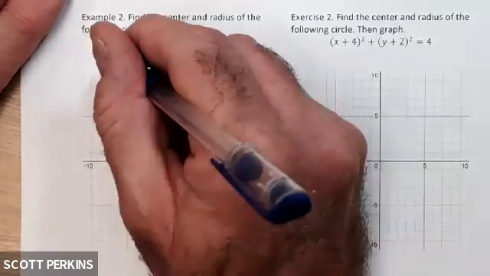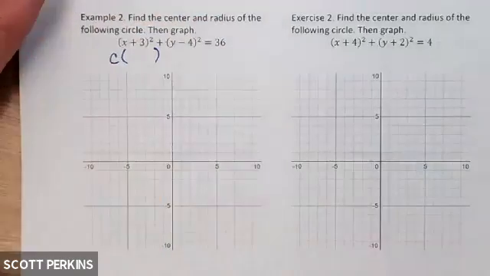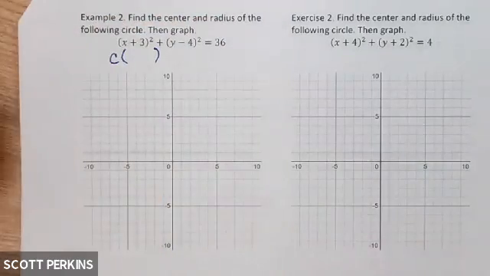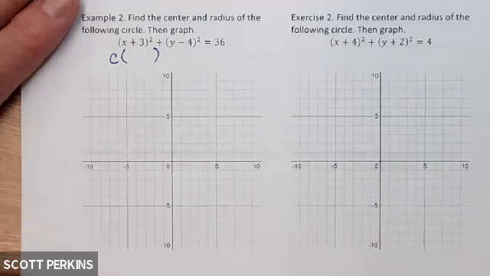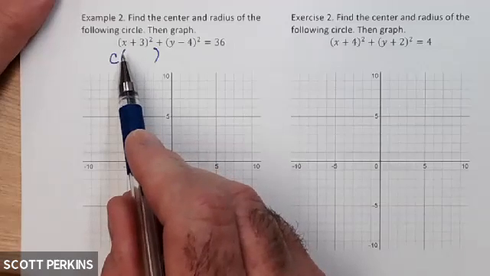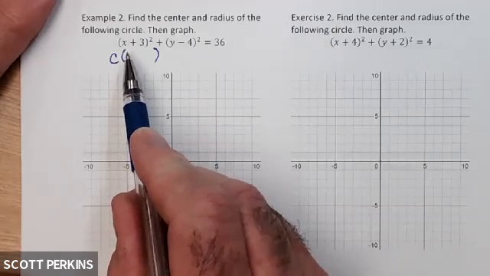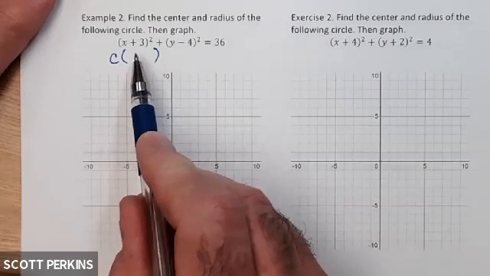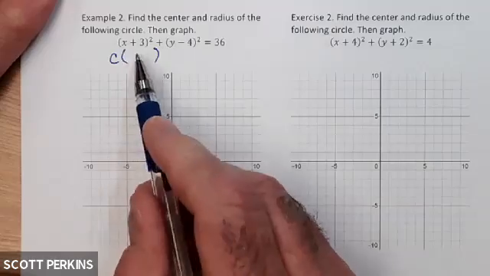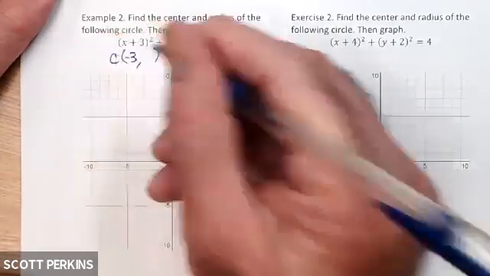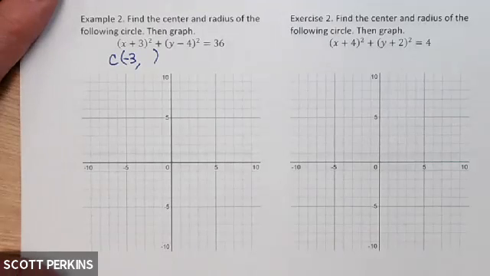So my center, what do you propose is the x coordinate of the center of this circle? Perfect, it's -3, because remember the standard form of a circle is x minus h squared. So since this is a +3, that means the x coordinate is -3. And what's the y coordinate of the center?